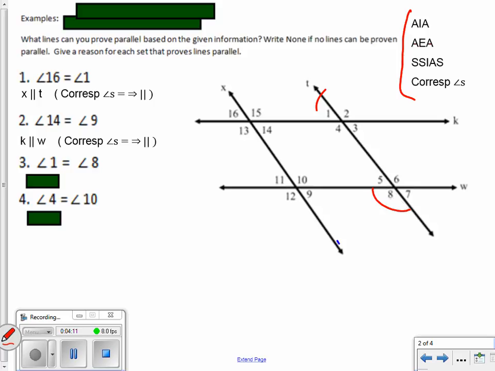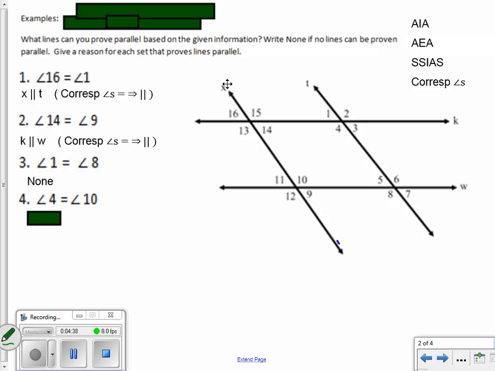Are they same side interior angles? Are they corresponding angles? They are none of them. They don't fit any of that information. So since they do not fit anything, the fact that angle 1 and angle 8 are equal tells us nothing about the lines. So we cannot say that any of the lines are parallel based on that information. It doesn't fit any of our angle relationships.